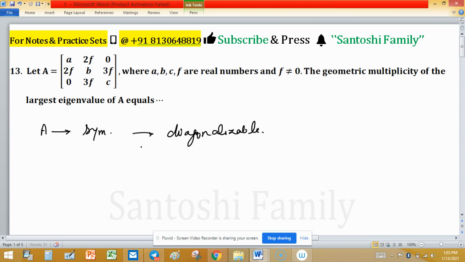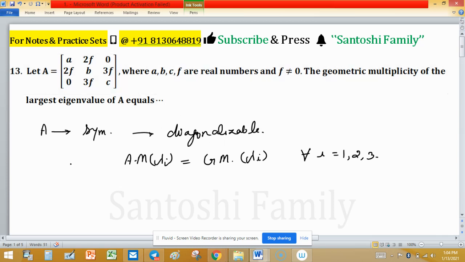For a diagonalizable matrix, the algebraic multiplicity of any eigenvalue is equal to its geometric multiplicity, for all i. Here i equals 1, 2, 3 because this is a matrix of size 3 by 3, so 3 eigenvalues will exist here.